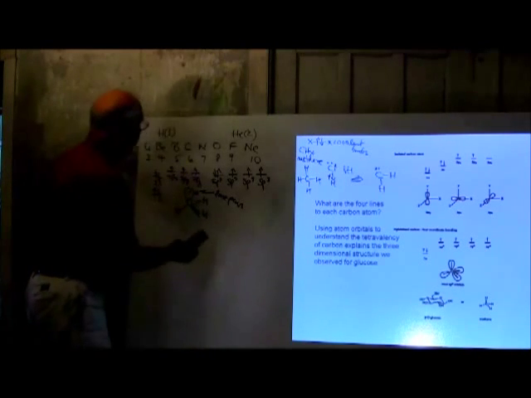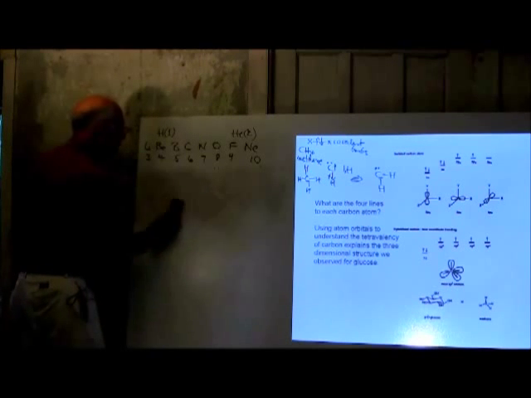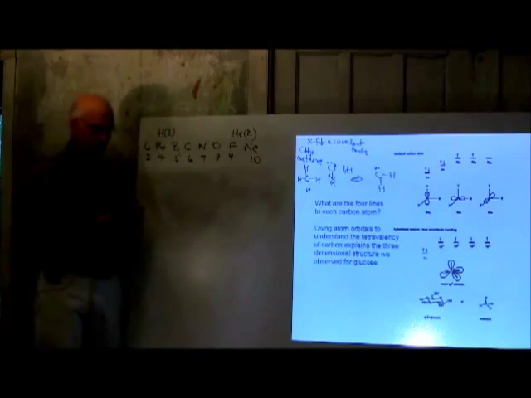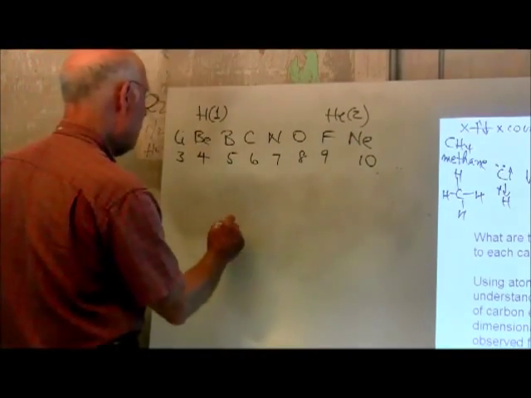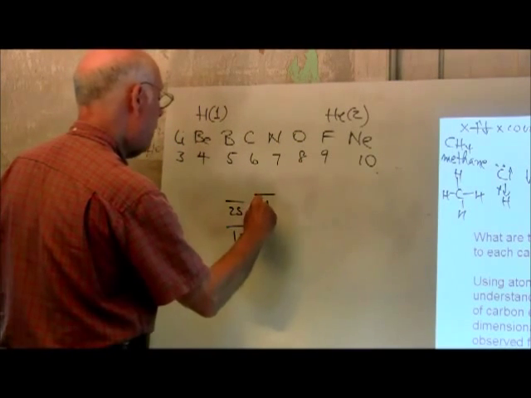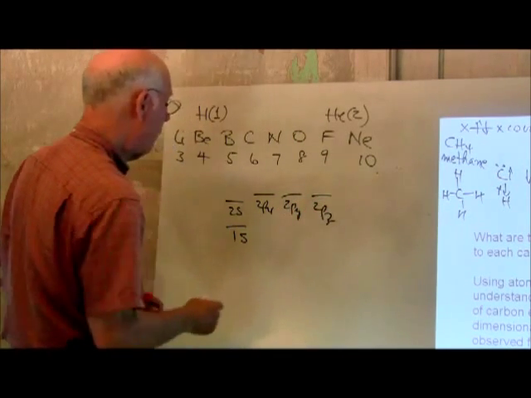And if we play that game with oxygen, which is the element that we see so commonly found in glucose, let's do that with oxygen. Here's oxygen, 1s, 2s, 2px, 2py, and 2pz.